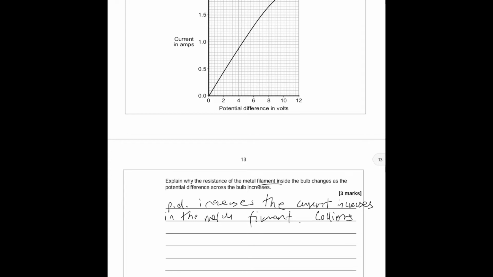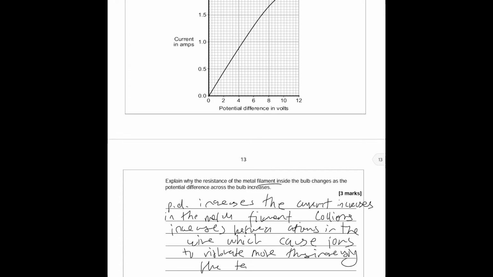So collisions increase between atoms in the wire, which will cause ions to vibrate more, which will increase the vibration of the ions, thus increasing the temperature, indirectly, of the metal filament.